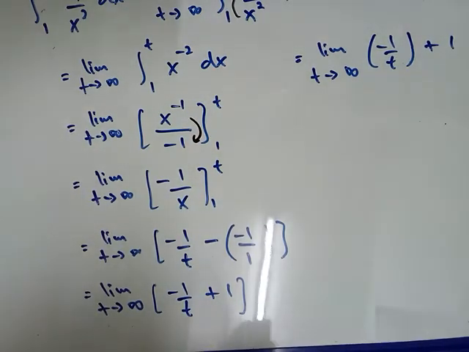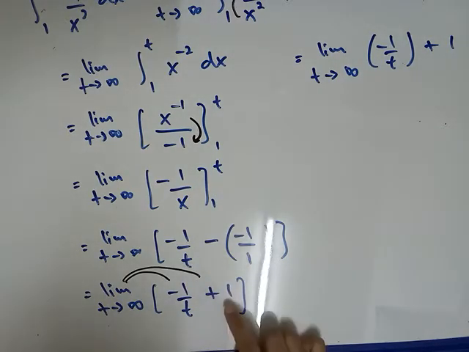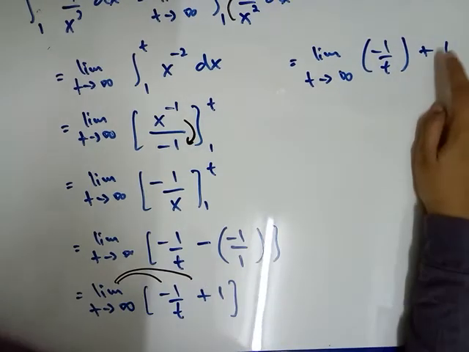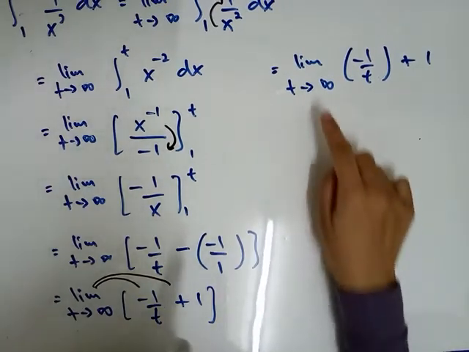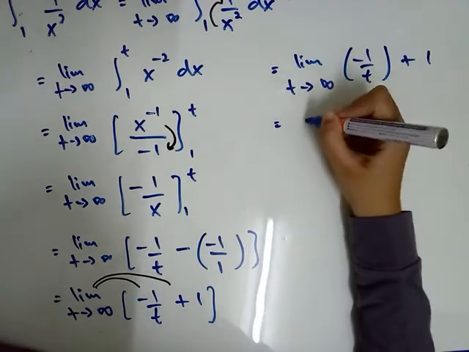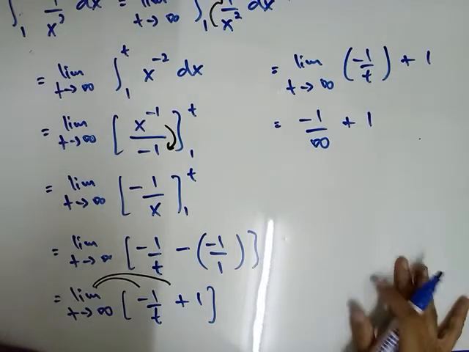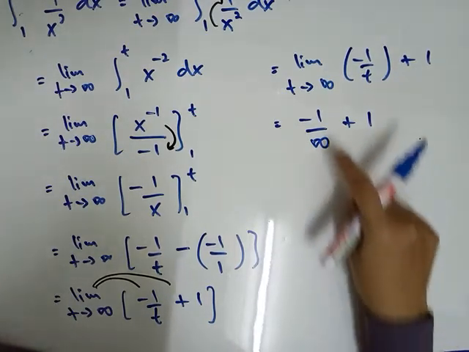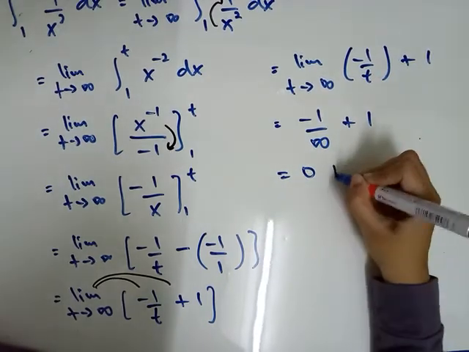Because this is a fixed number, you need to write the limit again, and then substitute infinity into this t. So it becomes negative 1 over infinity plus 1. 1 over infinity is 0, plus 1.